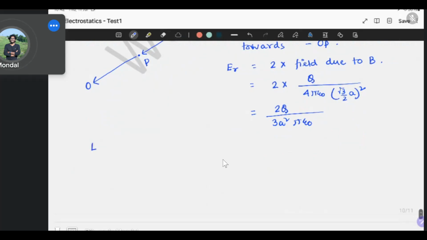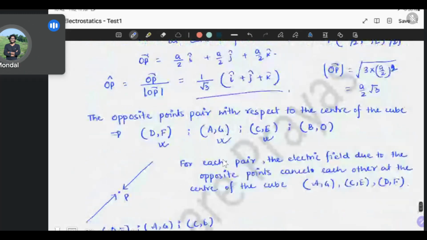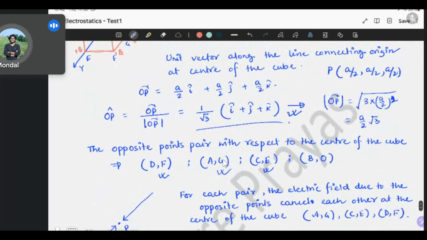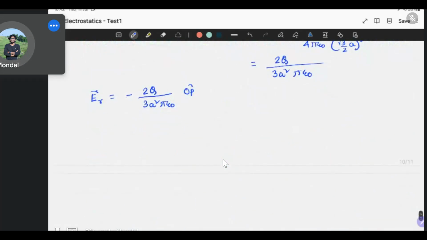So E net will be minus 2Q by 3a square pi epsilon naught times the OP unit vector. And what is this OP unit vector? Using equation 1, we can write minus 2Q by 3a square pi epsilon naught times (i cap plus j cap plus k cap) by root 3.